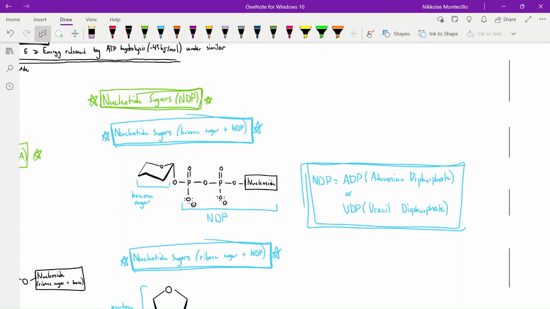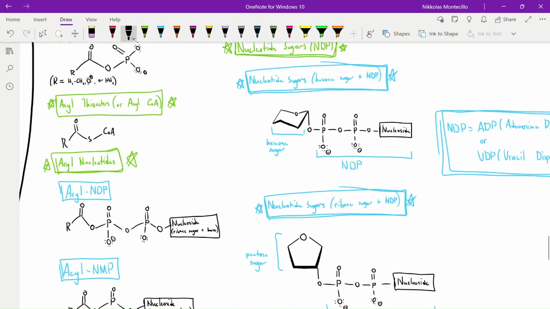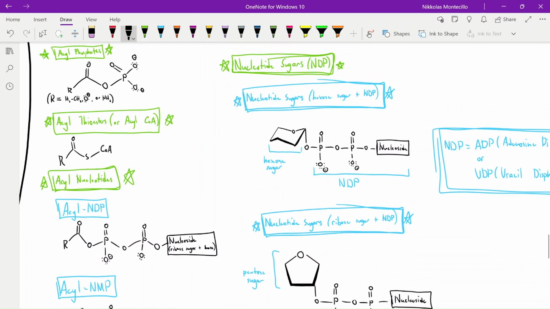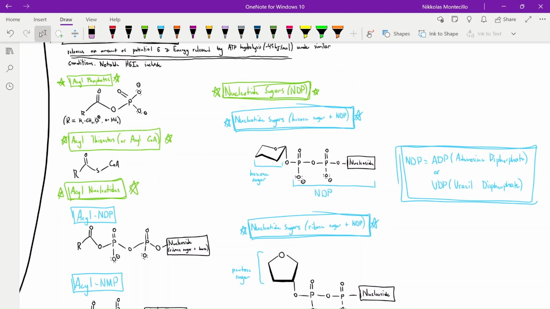So you can see that there's two phosphate groups and then the nucleoside, the nitrogenous base here. So there would be a nitrogenous base present in this nucleoside for this entire thing. So you'll have either adenosine or uracil diphosphate. Yeah, ribose sugar plus a base.